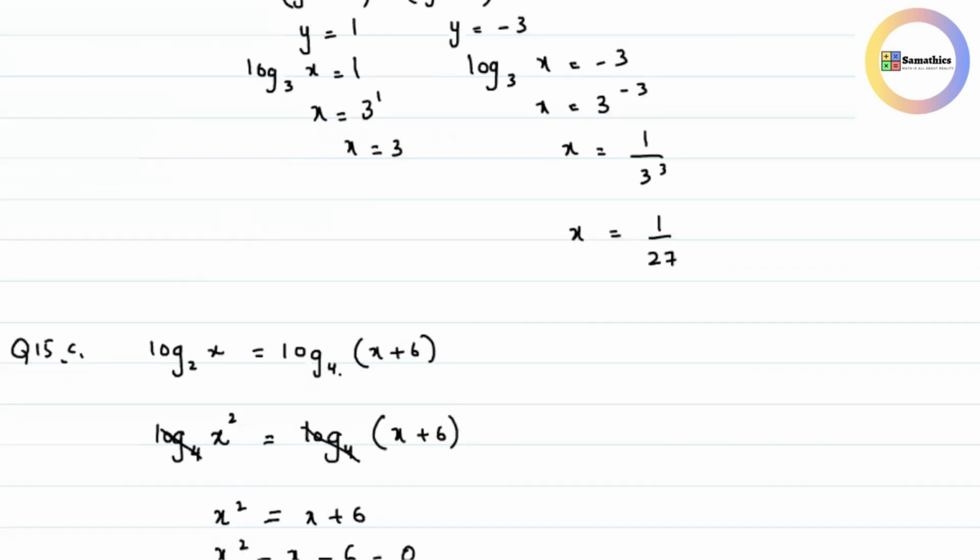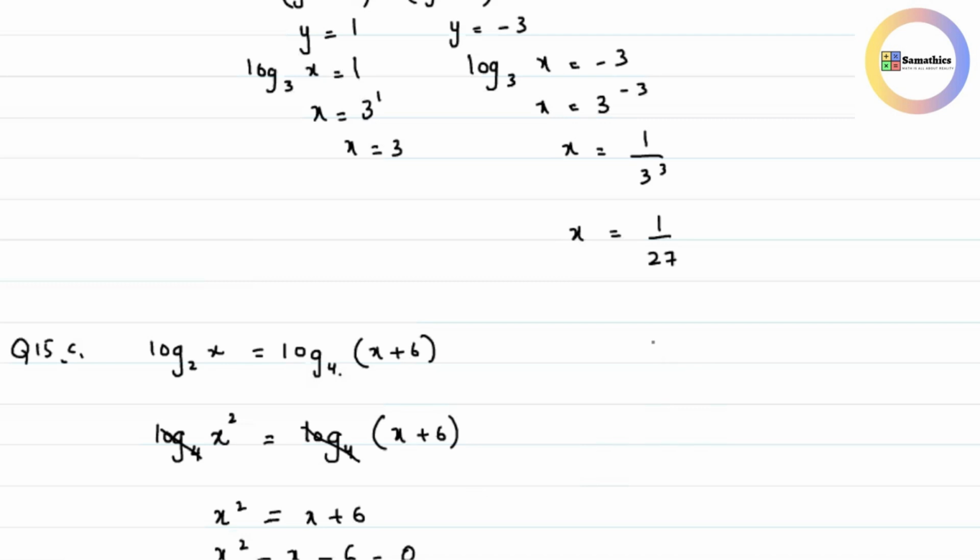So if you are putting a square here, you have to put a square here as well. The same I have done here: if I've taken the square of 2, then I have to put the square over here as well. Another way is that you can do it by the change of base law.